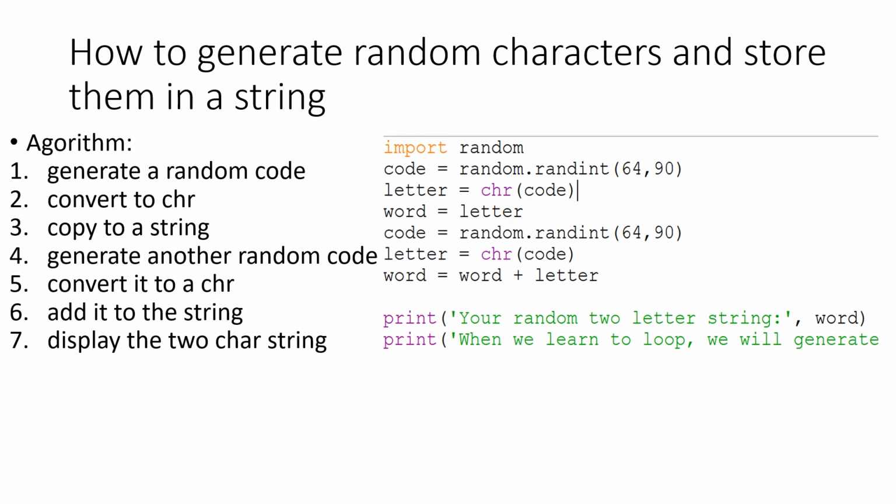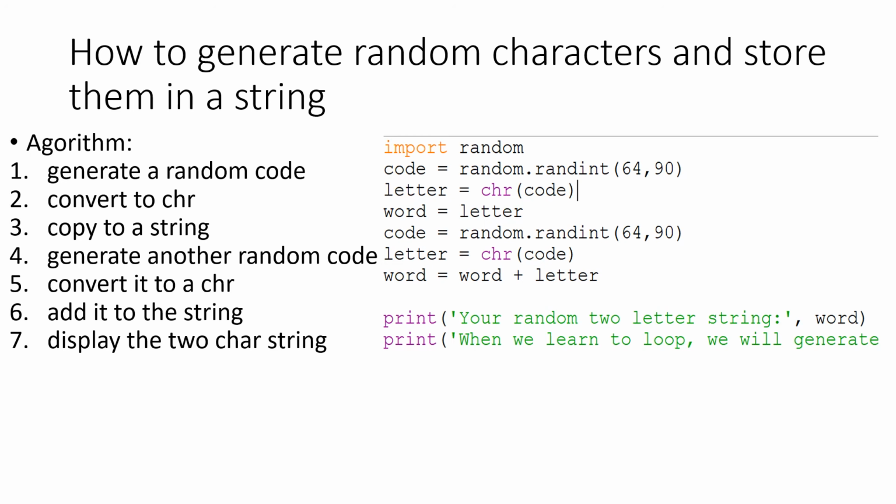Okay, so notice the code on the right almost goes in parallel. So to generate the random code we need the import statement. The import statement is used only once at the beginning of the program to bring into our program the functions that relate to randomness. So we bring that in only once.